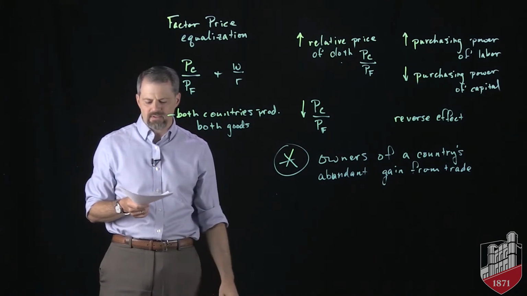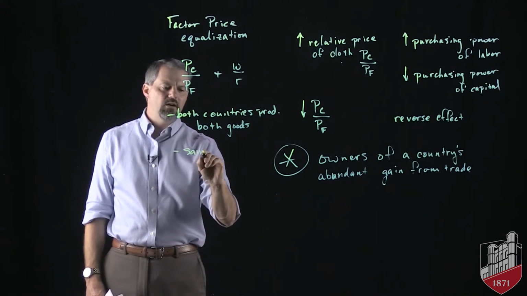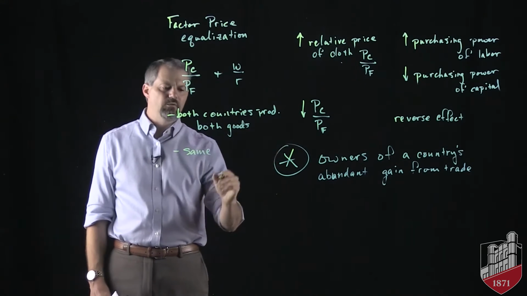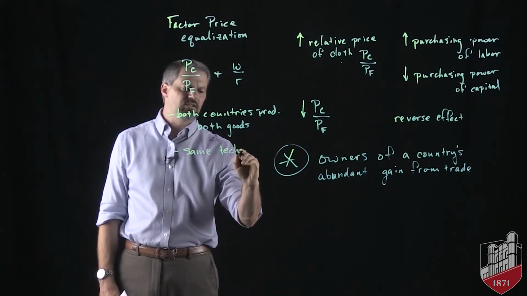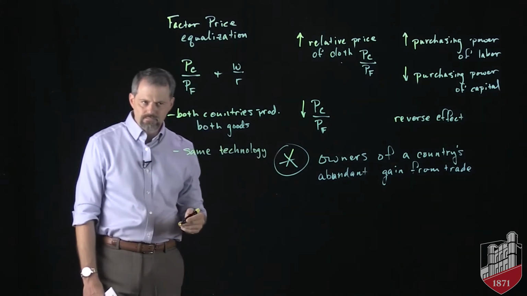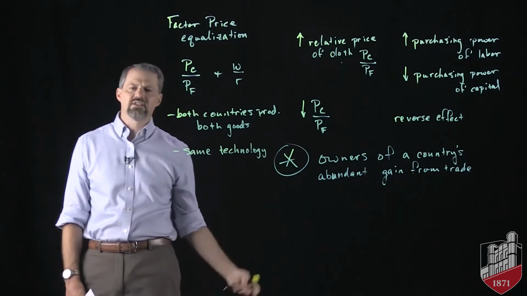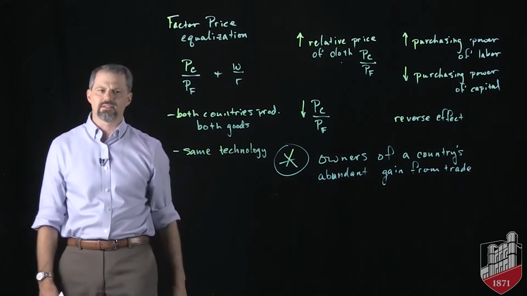So that's a possibility. We've also assumed in the model that we've worked through that we've got the same technology. Turns out that if you relax that assumption, you can get a situation where the relative wage is not equalized, even when the output prices are equalized.